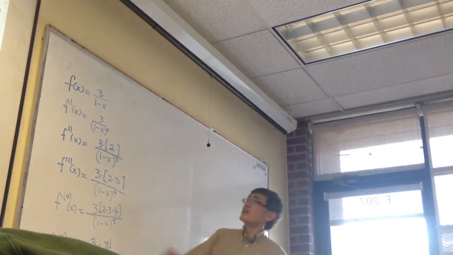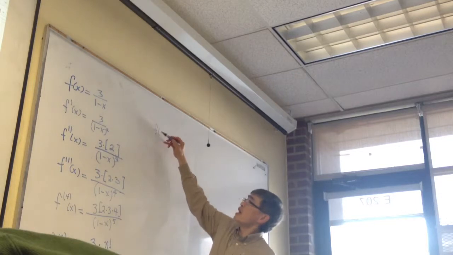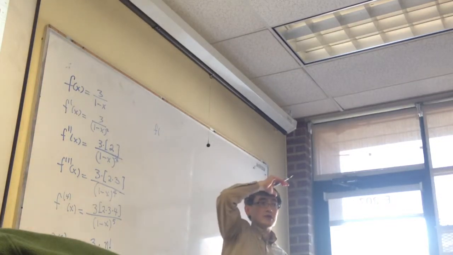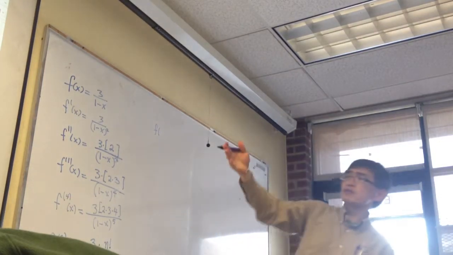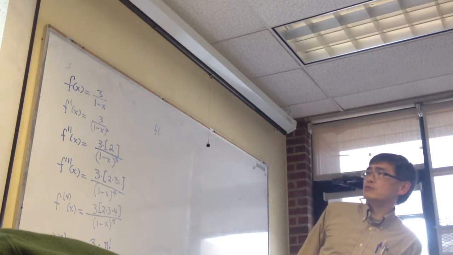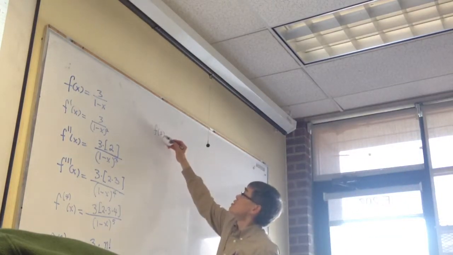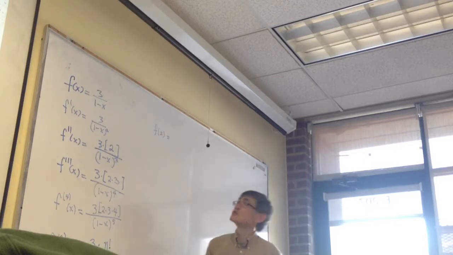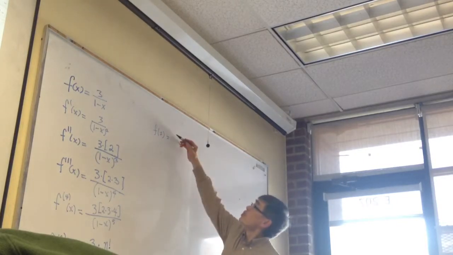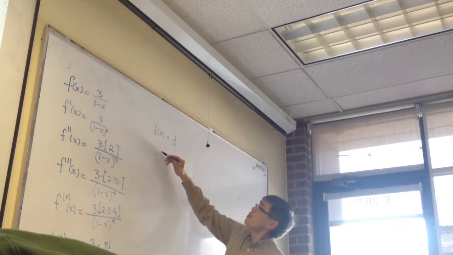Okay? And then you're supposed to evaluate it at the value at which you have this Taylor series centered. So we are going to evaluate at 2. All these at 2. So at 2, this one becomes what? 3 over negative 1.